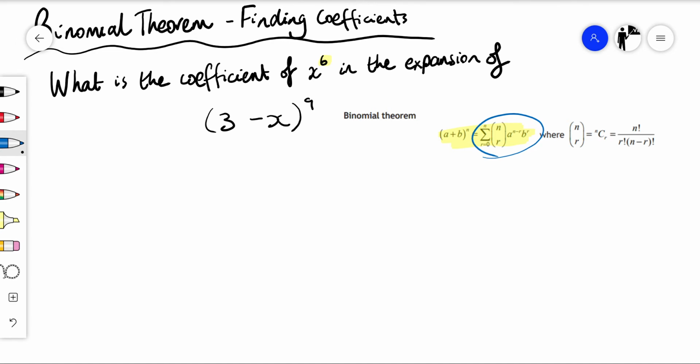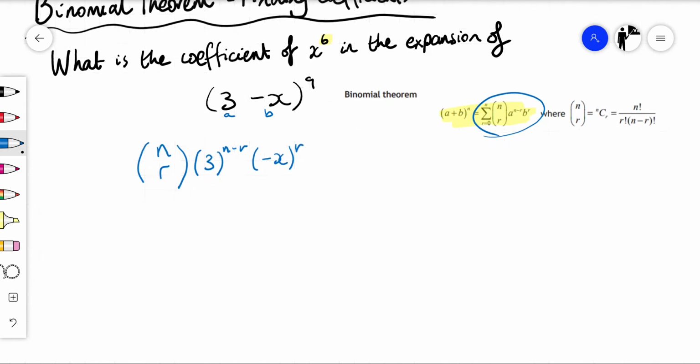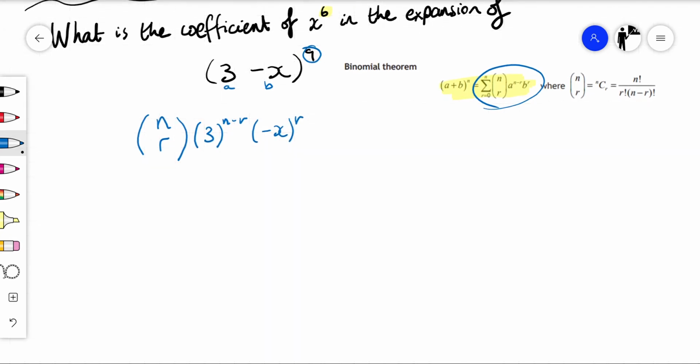I'm going to leave off the sum notation because it's just going to be n choose r, 3 to the n minus r, minus x to the r, using this for A and this for B. We are told that n is 9, so it's going to become 9 choose r, 3 to the power 9 minus r, minus x to the power r.